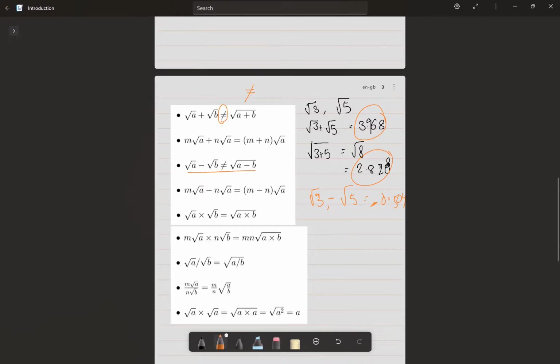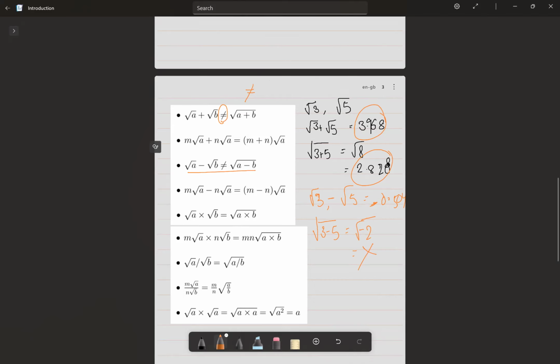But if you put root over 3 minus 5, you get root over minus 2. Now a negative number cannot be made into a square root, so the calculator does not give you an answer. So this is definitely not possible. But from here, you get an answer, which means certainly these two are not the same thing.